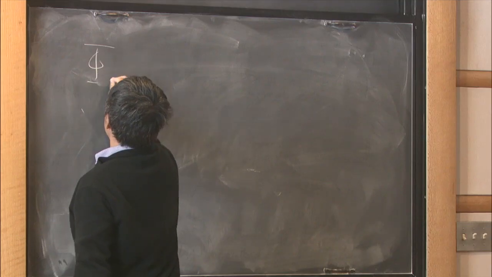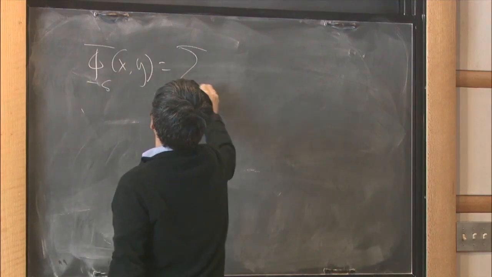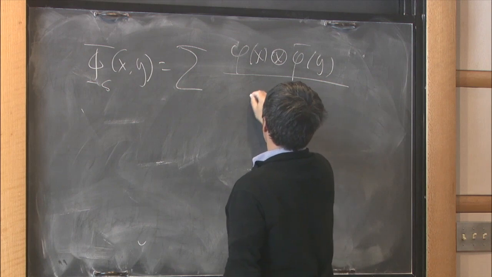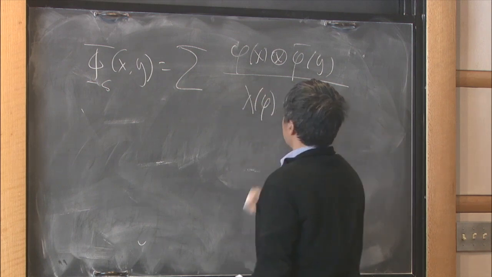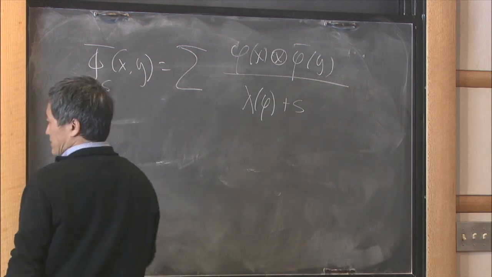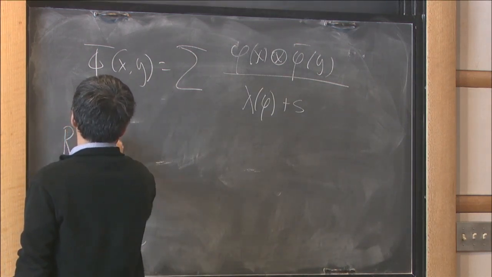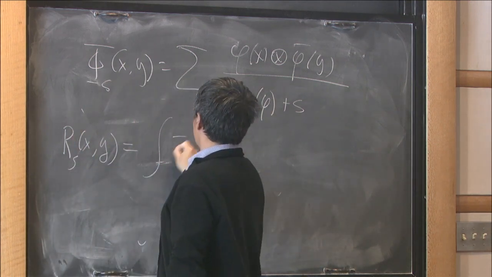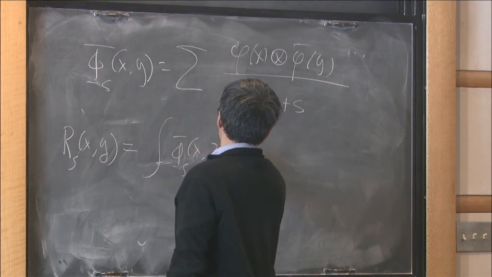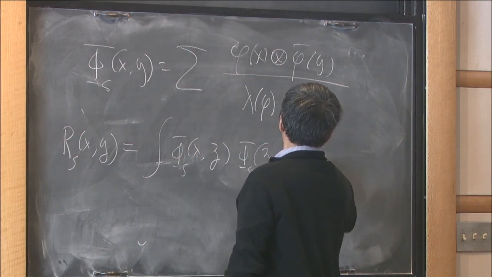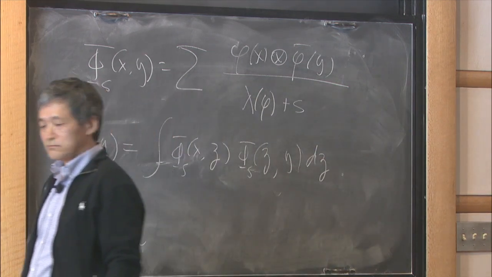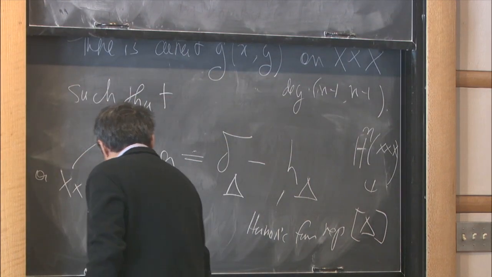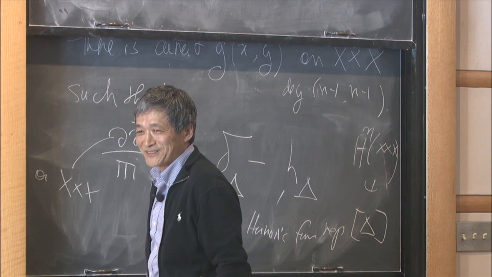So if you write phi of s equals the summation of phi(x) phi(y) bar over lambda of phi plus s, in this case this is more manageable. So this R(x,y) is, of course, a convolution of this kernel twice. You're going to get this stuff, so we're going to compute this. Okay, so now finally, I move to locally symmetric space.